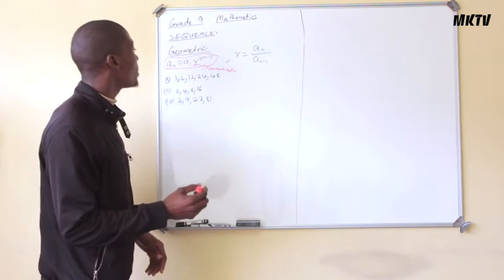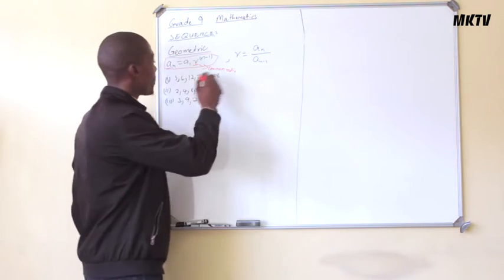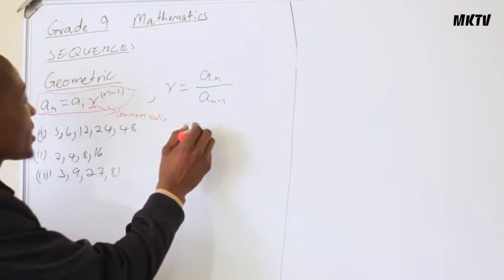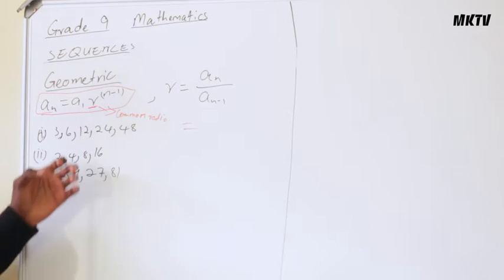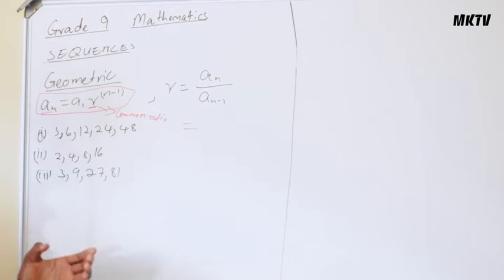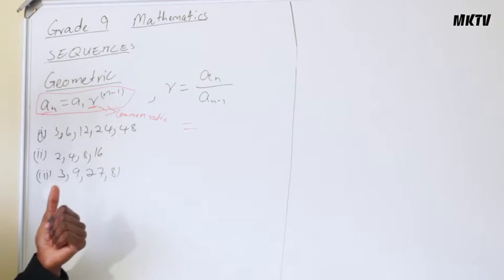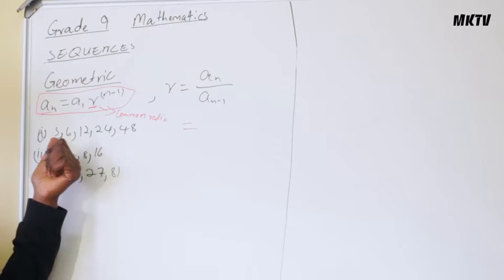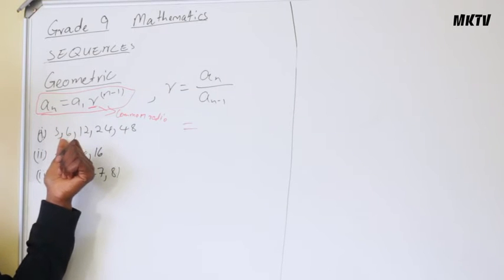Let's have a quick example by making an example with the first sequence. We have the sequence here, but if you compare it to other previous sequences that we had, from 3 to 6 we have 3.